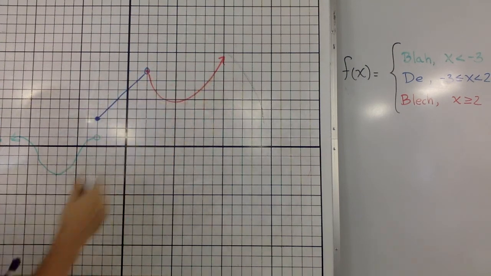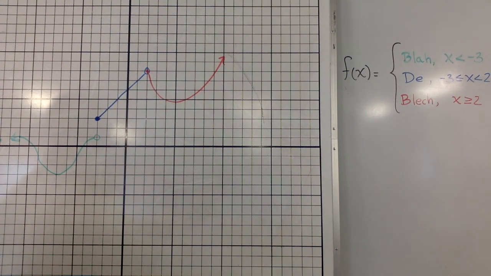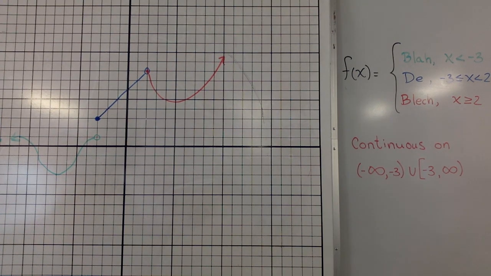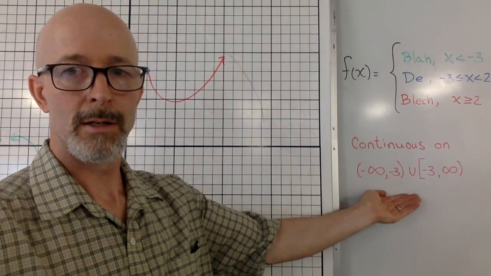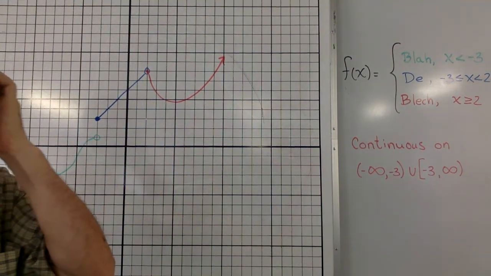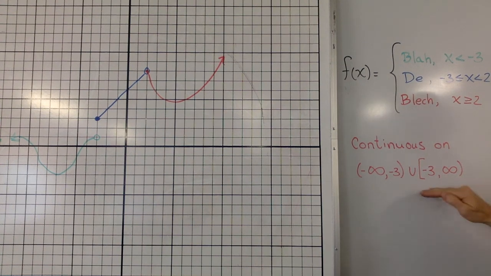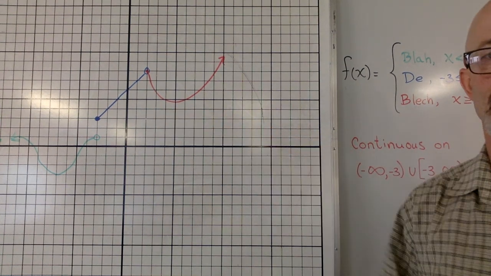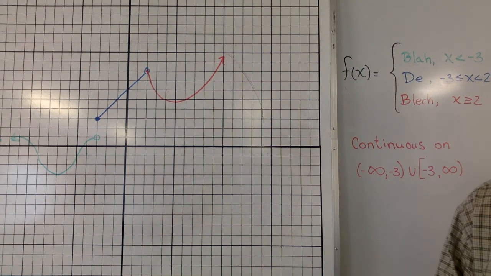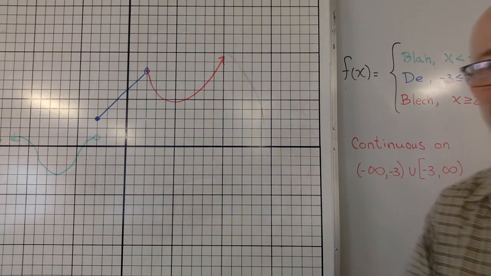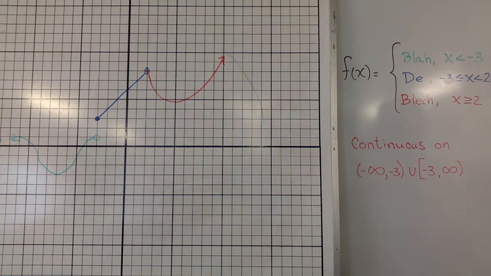One function flows directly into the next. So the continuity for this piecewise function, well, the continuity is right here. It turns out that it is continuous, not on 3 different parts, but really on 2, because 2 of these combine. So when we're looking at piecewise functions, you have to check and see, do the endpoints match up? I'll show you how to do that very shortly.